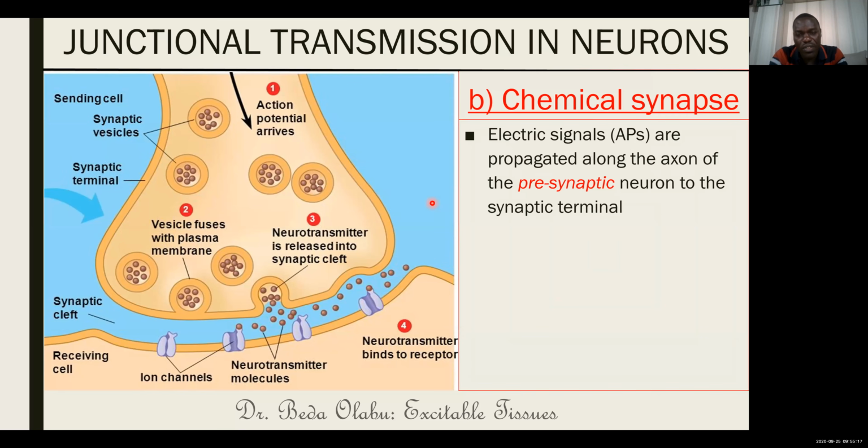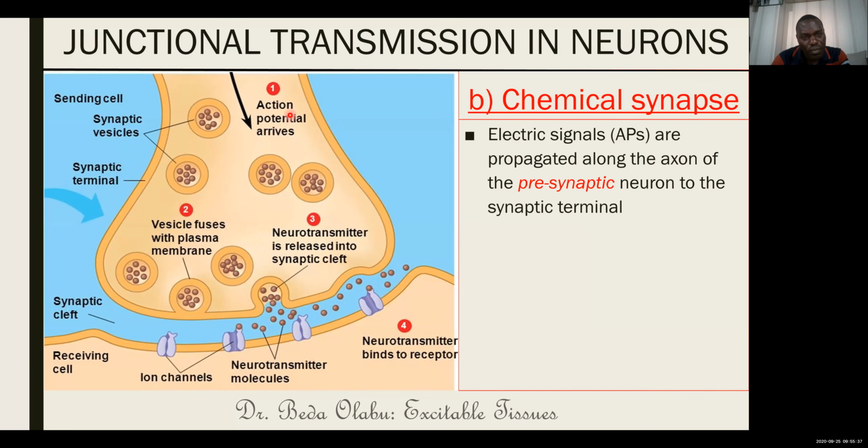That end of the axon is what we are calling the synaptic terminal. So let's consider this to be that situation. This is the end of an axon. This is the dendrite of the next cell, the receiving cell. This is the end of an axon, so this is the cell that is sending signal.